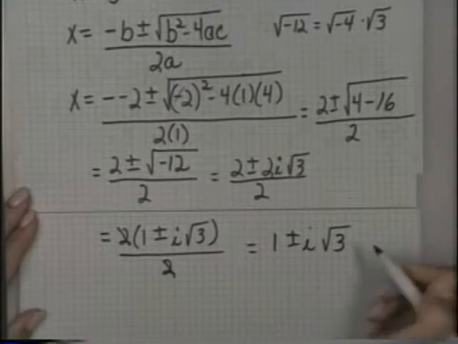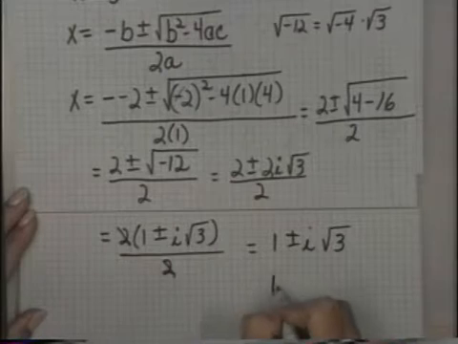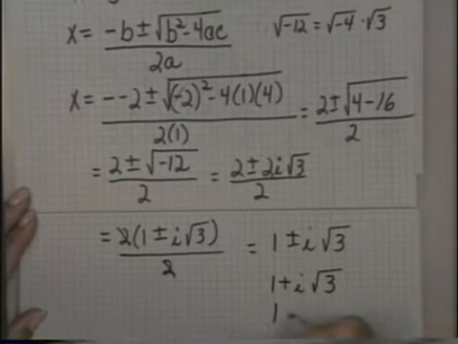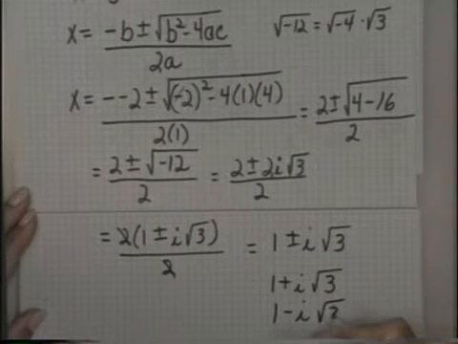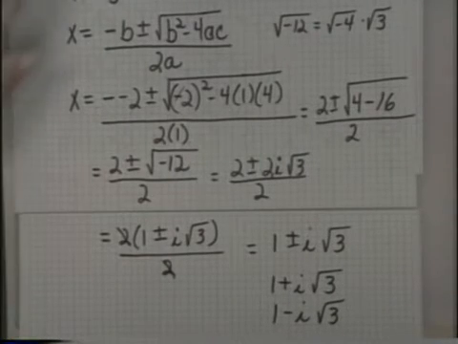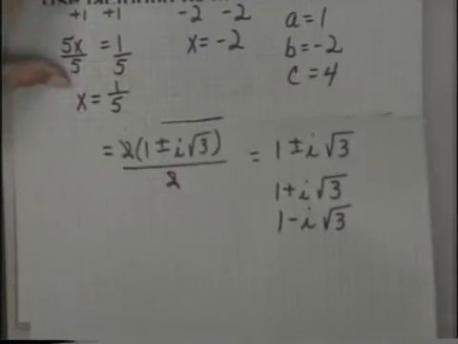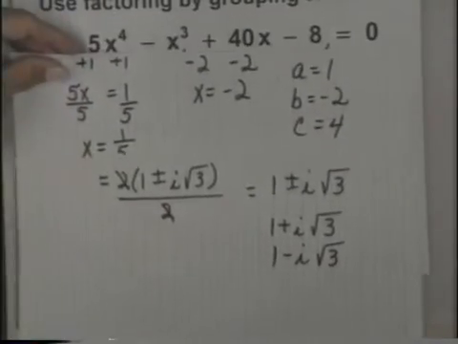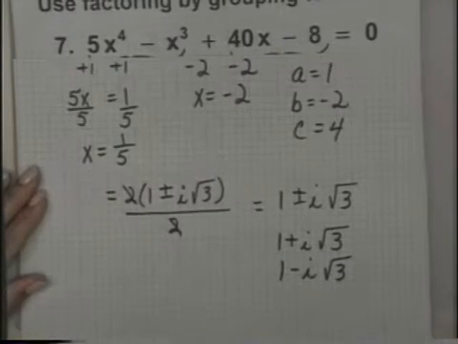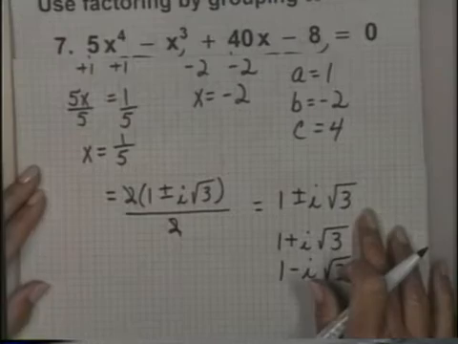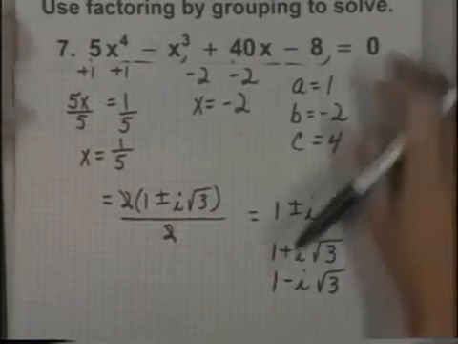Now, of course, this represents two different solutions, 1 plus i times the square root of 3 and 1 minus i times the square root of 3. Now, let's go back and get our solutions. We have 1/5, negative 2, and then, of course, plus or minus i times the square root of 3.